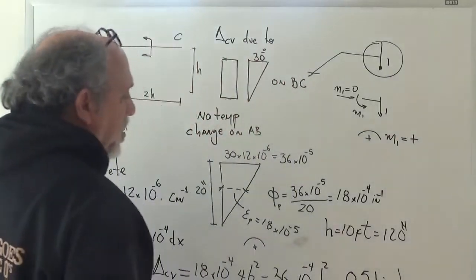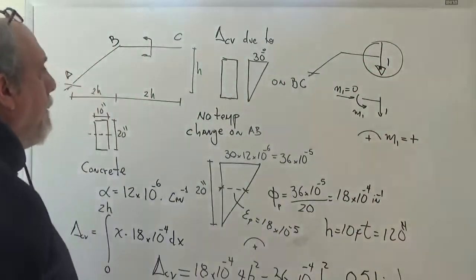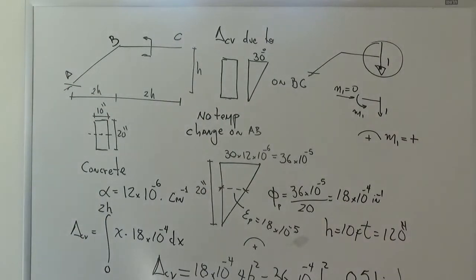Because it turned out to be plus, and the one kip load was down. So I have now changed the question to how do I heat bar AB so that I get at C 0.51 inches upwards. If I do that and I have both distributions of temperatures, point C will not move.